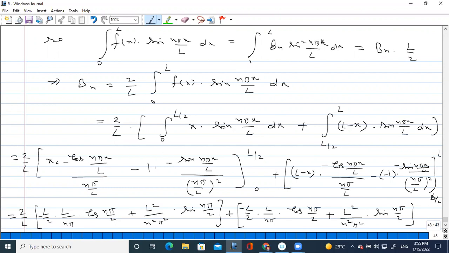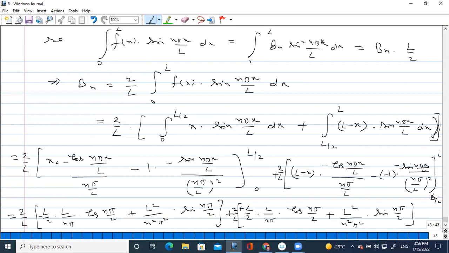So this 2 by L, if you are separating it, so 2 by L will be here also. Here also it is 2 by L. Sorry, it will be plus now.